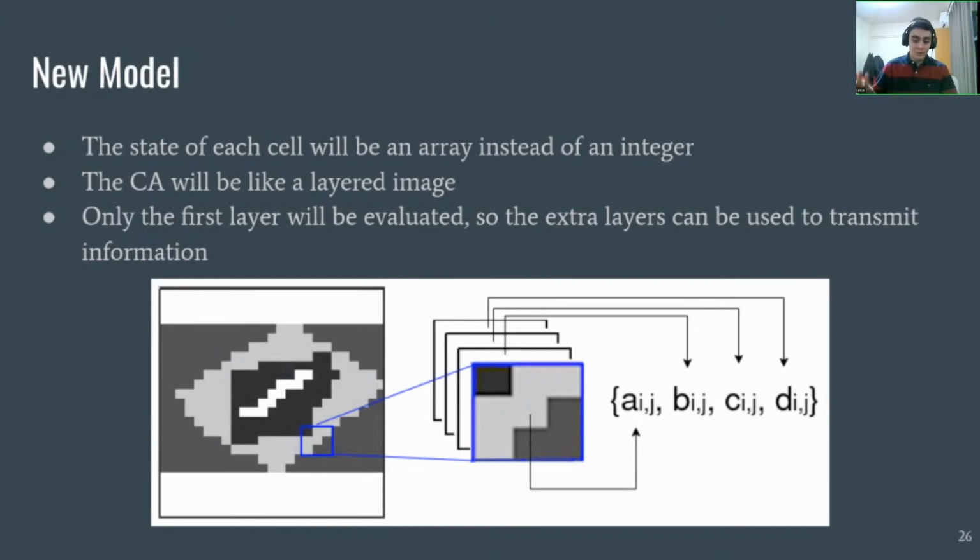Just one example, if I am trying to recreate that gecko image, maybe it's one layer for the right leg, one layer for the left leg, one layer for the head, or maybe there is just one layer that's able to transmit all the information. I think this is an interesting topic for you to analyze once it's ready.